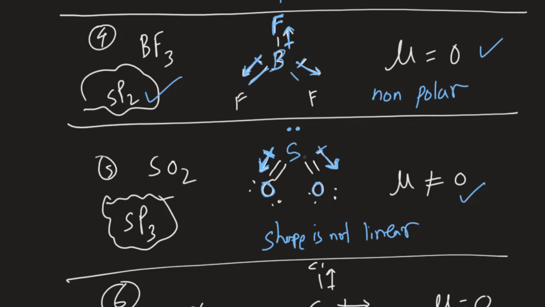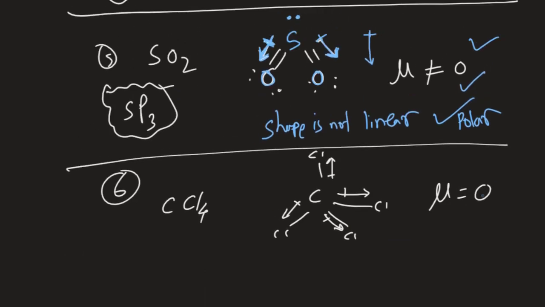You can see that even though the magnitude is the same, the directions are not opposite to each other, and that's why the resultant or net dipole moment is shown like this, in the downward direction. That's why mu is not equal to 0, and since mu is not equal to 0, this molecule is polar.